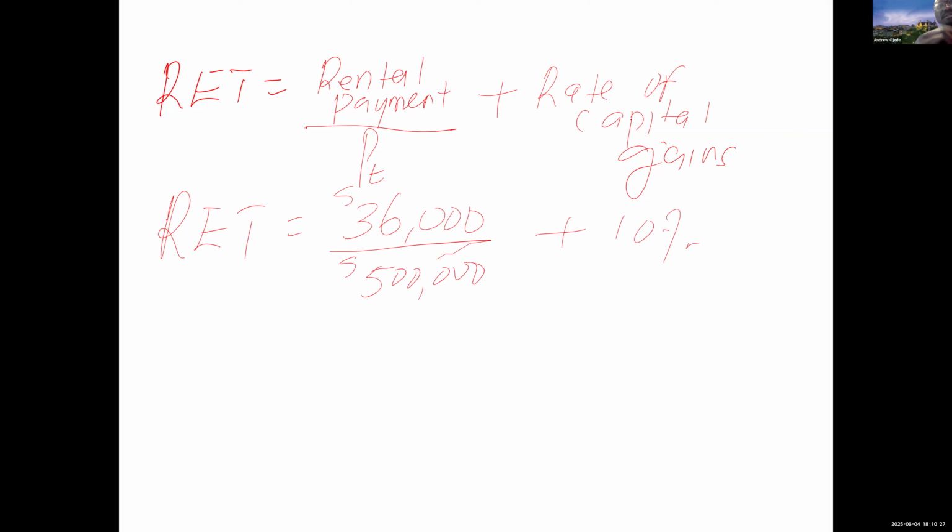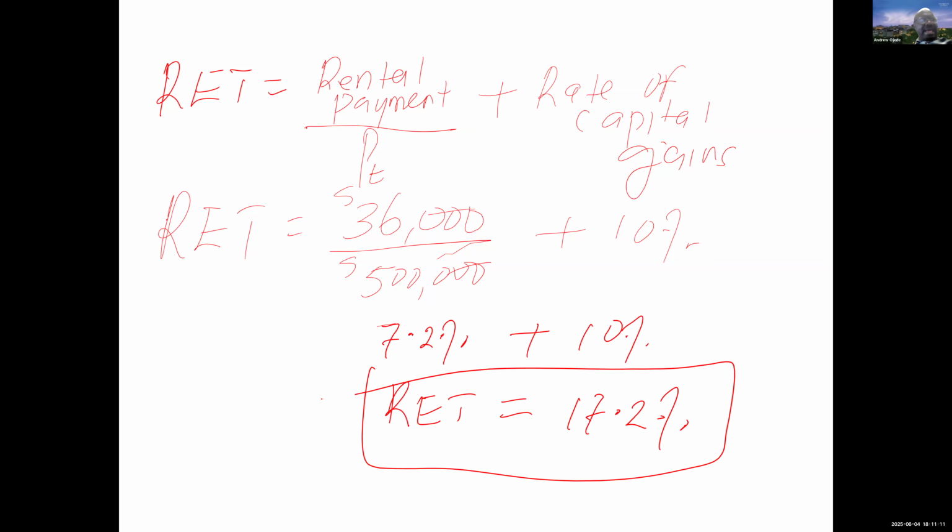So that is 36 divided by 500. Let me get a calculator here. 36 divided by 500. So this part is 0.072 in decimal, which is the same thing as 7.2%. Then you add to this the rate of capital gain, 10%. So your return is 17.2%.